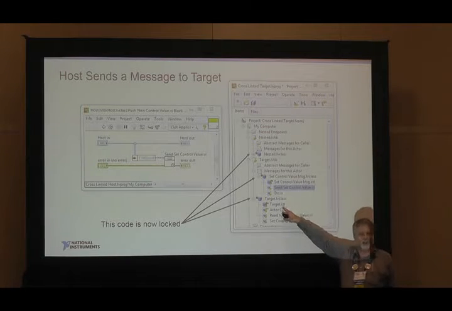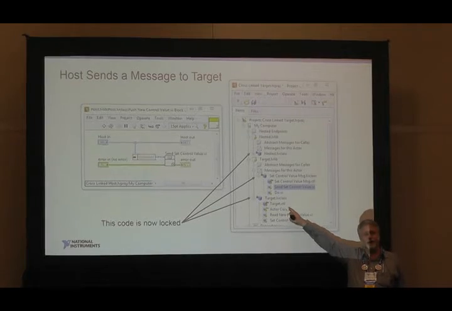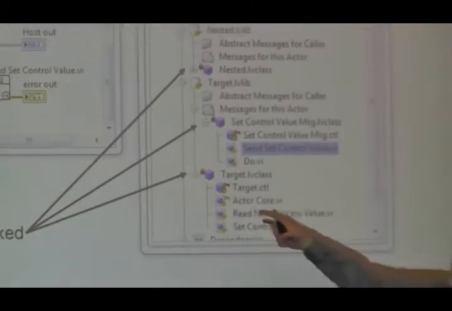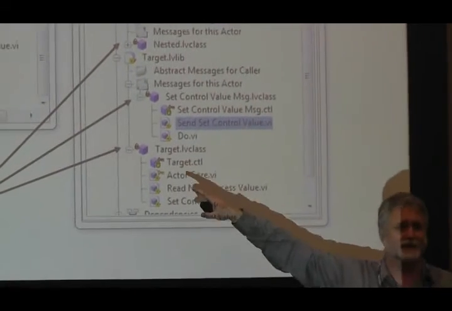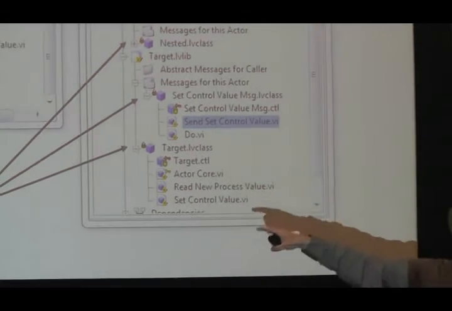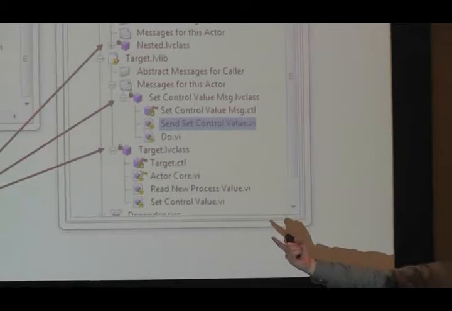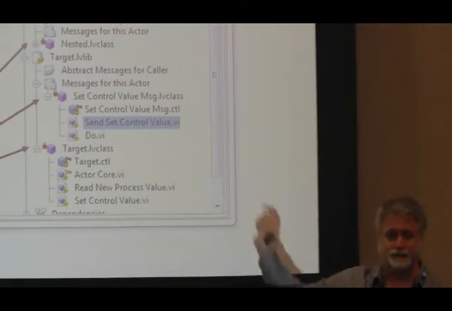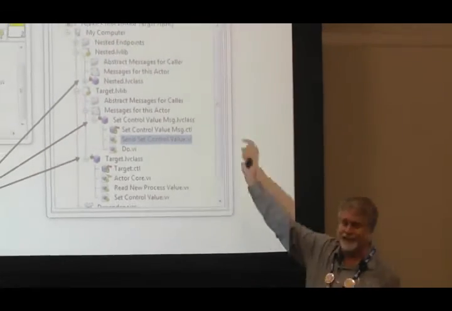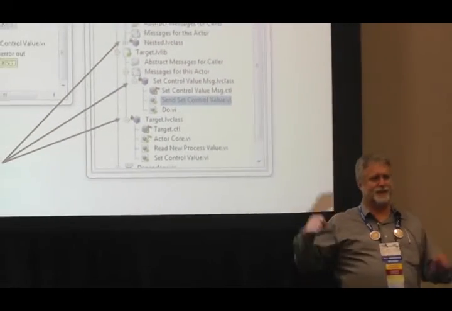Why is target locked? Because target is linked to its message, and when we pull in the send VI, we've linked host to that message. Target and host are now linked. The target has been pulled into the dependencies of the host side. The target gets locked, target's messages get locked, and the nested endpoint gets locked because nested is called by target.